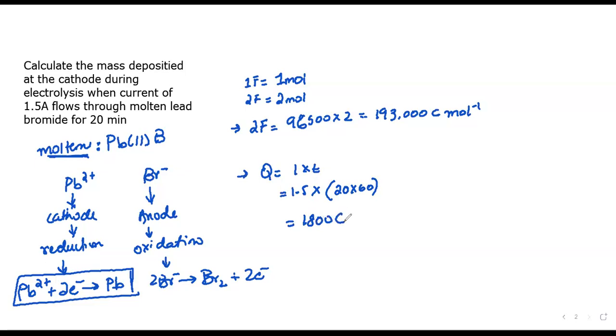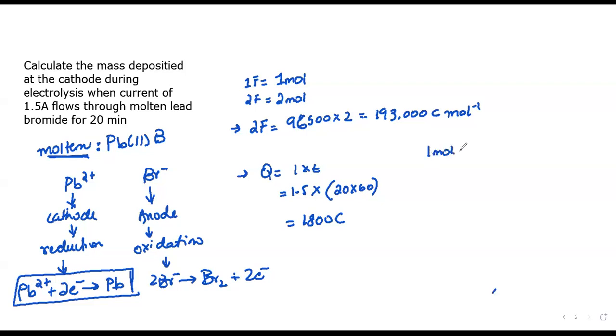Now, 1800 coulombs is the charge that I am providing, the total charge I am actually providing to the circuit.